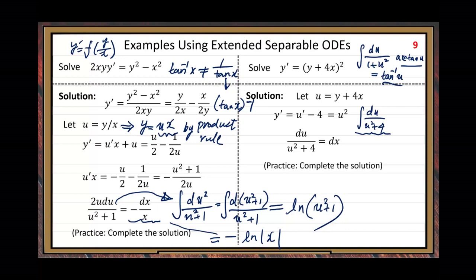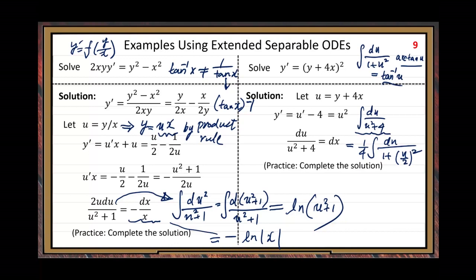The numerator 4, can we factor it out? Factor that numerator 4 out. Du over 1 plus u over 2 squared. Can you see this? The 4 is taken out, so 1 is left inside the parenthesis.